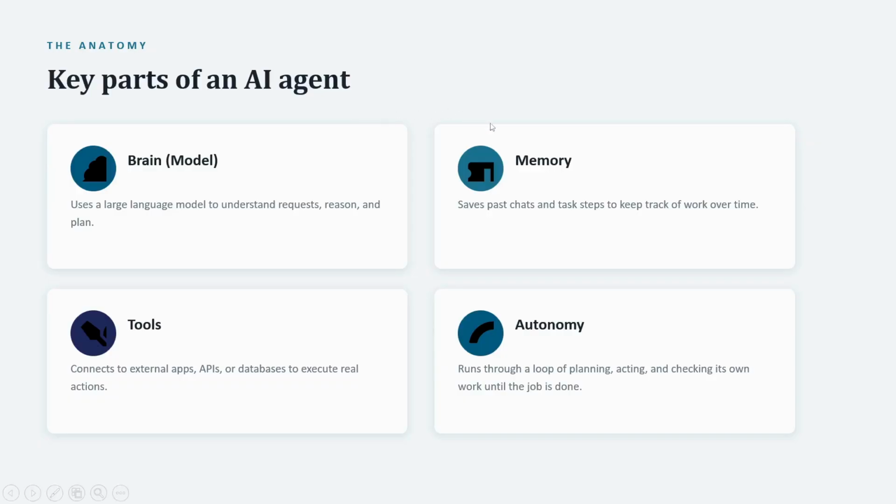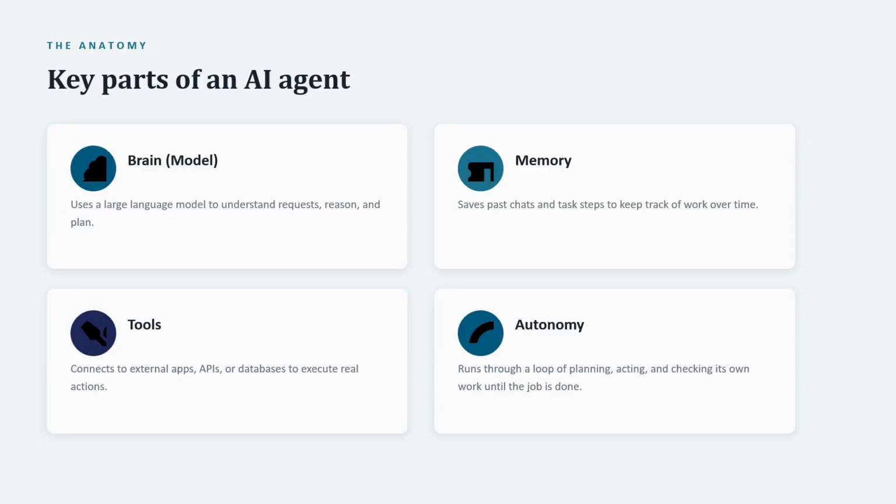Now, next thing is memory, right? So when we are executing the task, we need to have a memory or data or information from the past, right? So that we can again evaluate, let's say, what the user has requested and what actions I have planned, right?